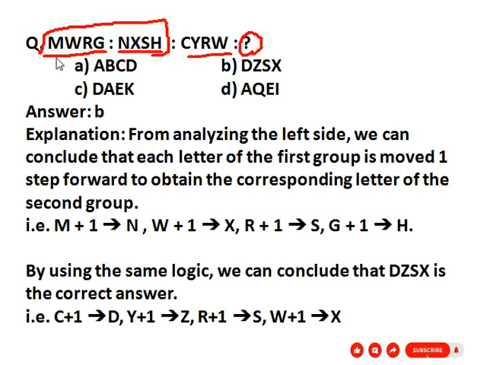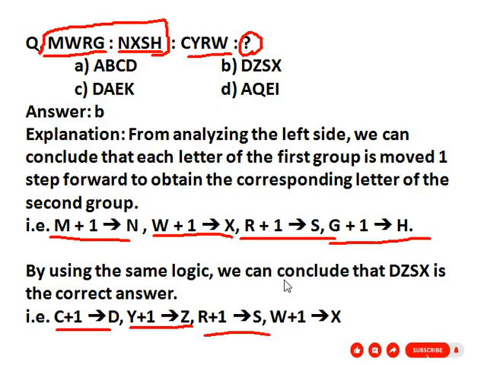So see here, the relation between M and N is that M plus 1 equals N. Then W and X, W plus 1 equals X. R plus 1 is S, G plus 1 is H. With the same logic, we get C plus 1 is D, Y plus 1 is Z, R plus 1 is S, W plus 1 is X. So our correct answer is DZSX. So our correct option is B, DZSX.